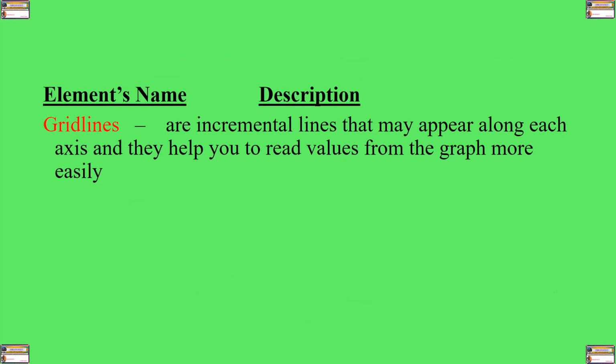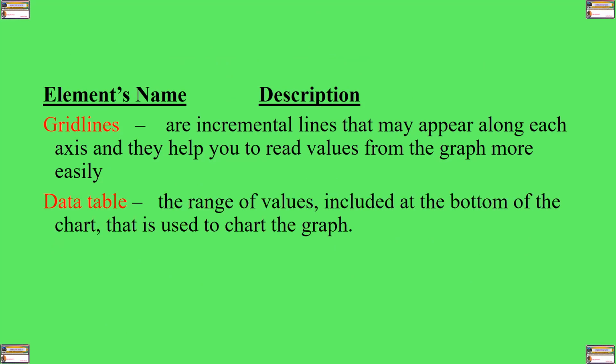The other part is called grid lines. Grid lines are incremental lines that may appear along each axis, and they help you to read the values on the graph more easily. The other part is called data table. Data table is the range of values included at the bottom of the chart that is used to chart the graph.